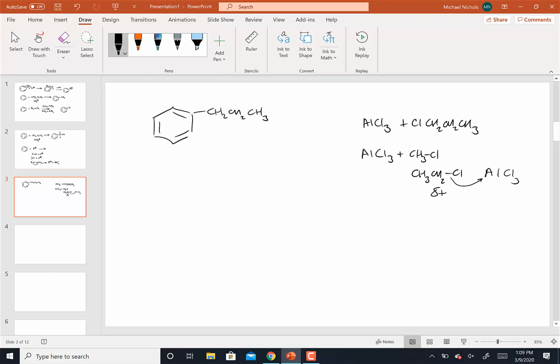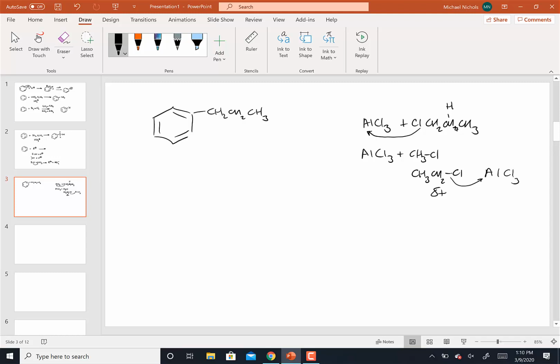Why do I say that? Because what's going to happen with the propyl group is the aluminum is going to take the chlorine away, but in this case, this hydrogen can shift.